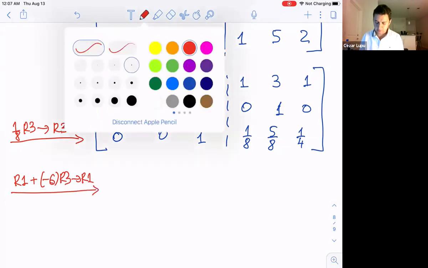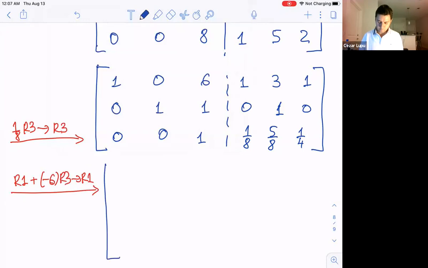And we'll get the following matrix. We'll get 1, 0, 0. And here we'll have 1/4, -3/4, and -1/2.